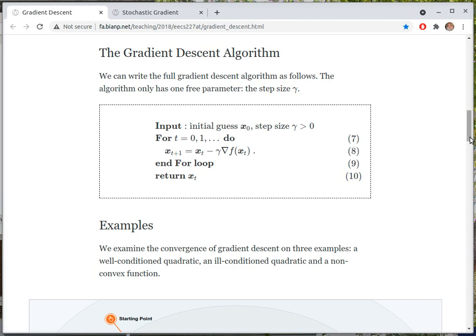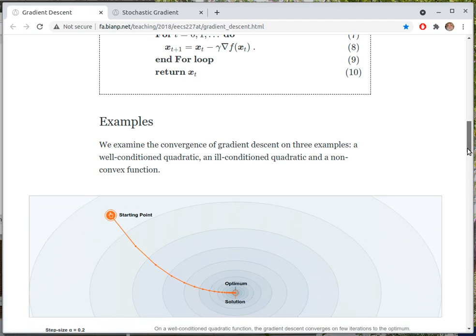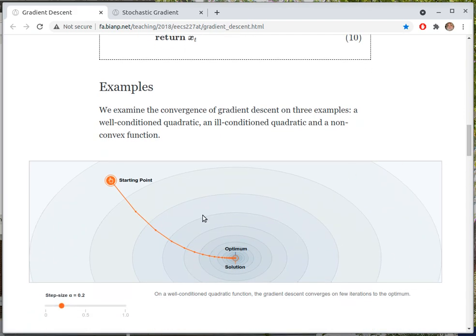Now this is the reason why I wanted to go to this website, is because this is a nice example. The curves that you see here are the level curves of some function, and you see the optimum is right down here at the bottom. Now this is a nice trajectory here, but what you can do is down here off to the side, you can move this around a little bit and see what happens when you change your step size to different values.